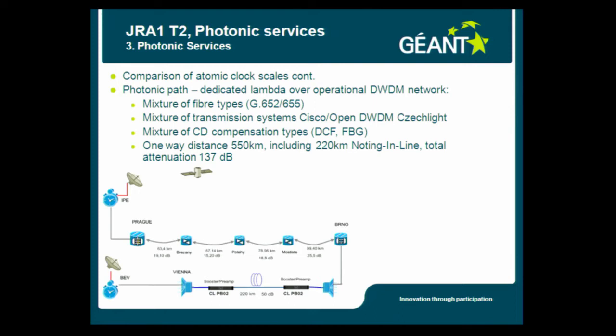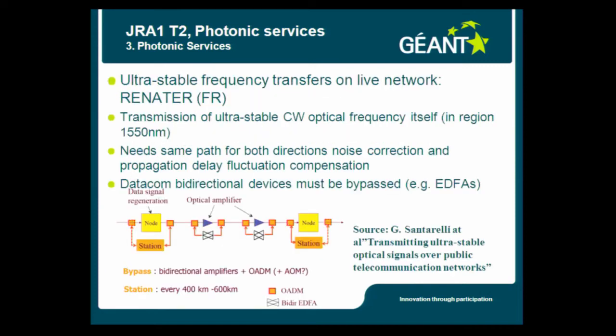This part is the CESNET2 production network, cross-border fiber, and satellite equipment going from Brno to Vienna. Again, it's a mixture of different types of fiber, different transmission systems, different compensation types, because in CESNET2 we've got DCF compensating fibers. On this cross-border line we've got fiber Bragg gratings. And this service is working, over almost 800 kilometers of fiber.